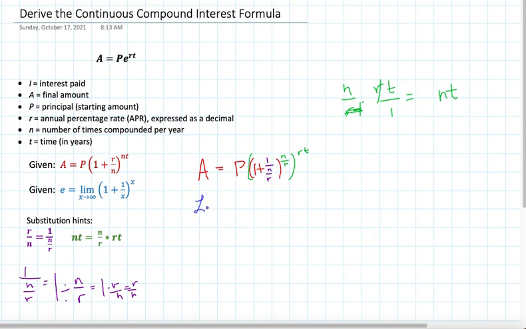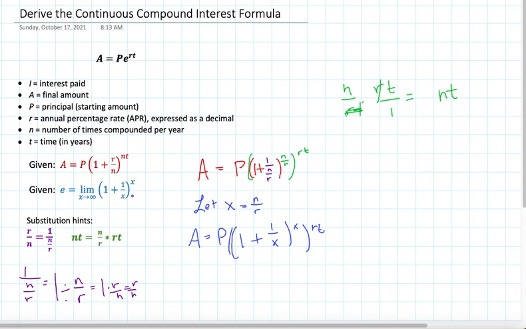So let x equal n over r. So I will rewrite this then.